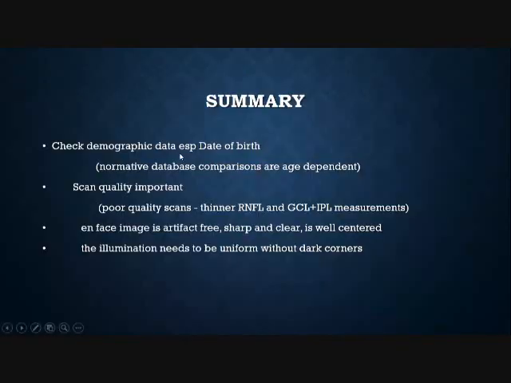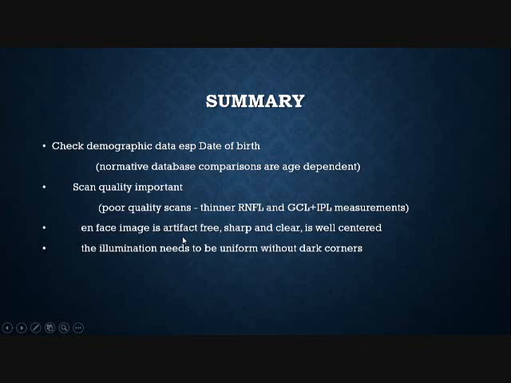So in summary, check demographic data, especially date of birth, very important, because all the normative database comparisons are age dependent. Scan quality is important. Poor quality scans have thinner retinal nerve fiber layer and ganglion cell measurements.